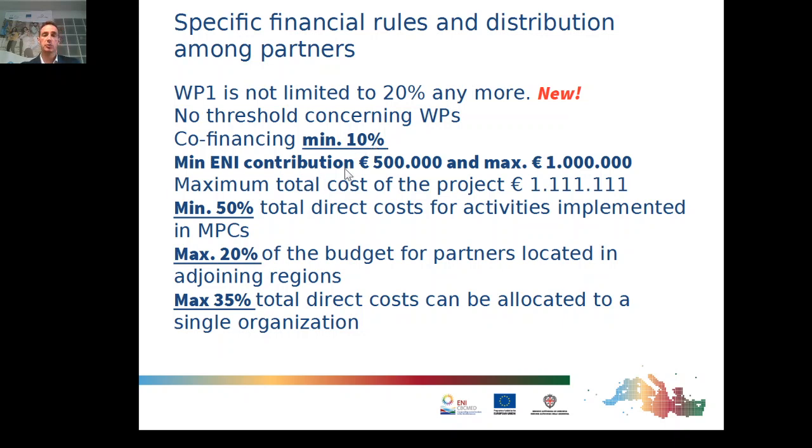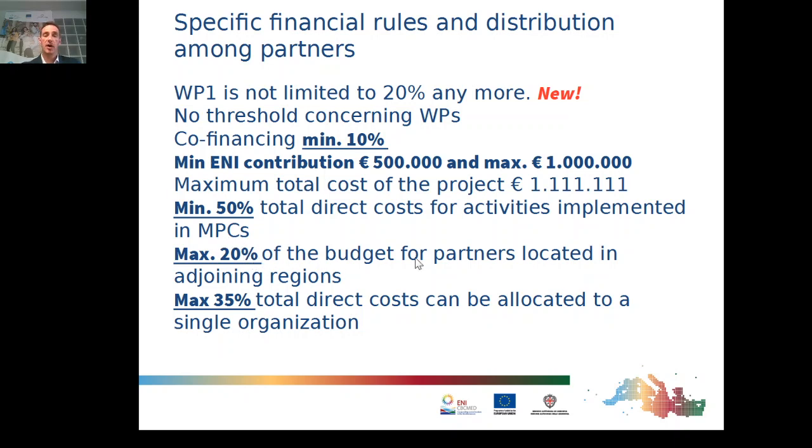Minimum E&I contribution by project will be 500,000 and maximum 1 million euros. Maximum total cost of the project will be 1.1 million euros. You know our golden rule, and it is still here in this call. Minimum 50% of total direct costs must be for activities implemented in the Mediterranean partner countries.